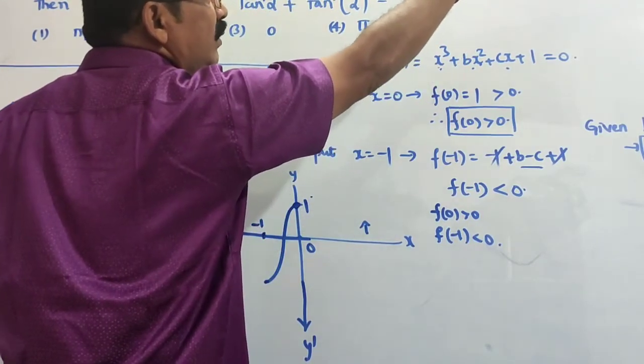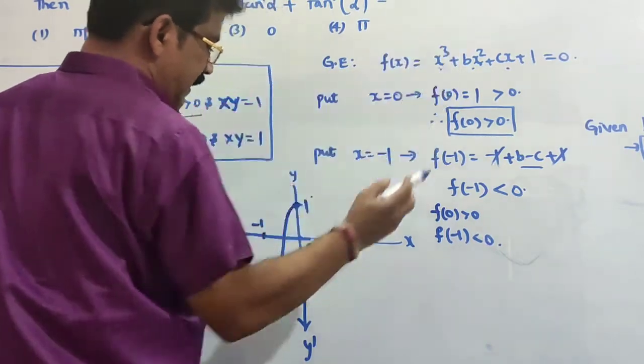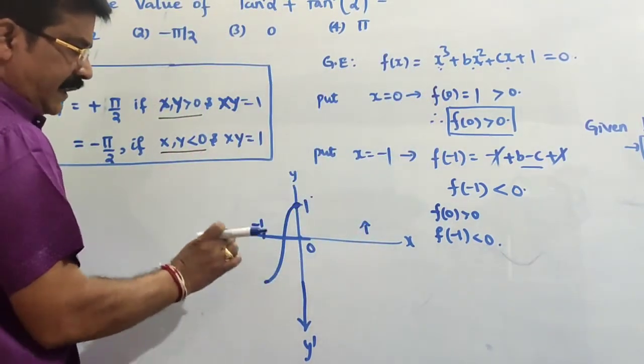He didn't give particular values for b and c, so we cannot draw it exactly. So this is the correct graph.